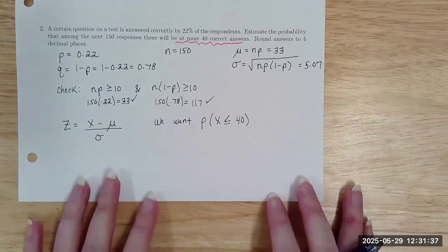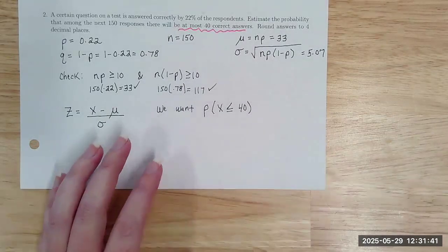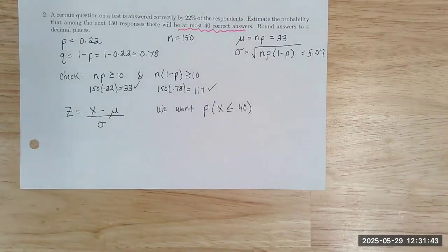Okay. In terms of how we figure out if you should be adding 0.5 or subtracting 0.5, I think of a picture. And when we're doing binomial distributions, there's all these bars happening. You've got these rectangles. It's not a nice smooth curve. When we talk about the normal distribution, it is a nice smooth curve.